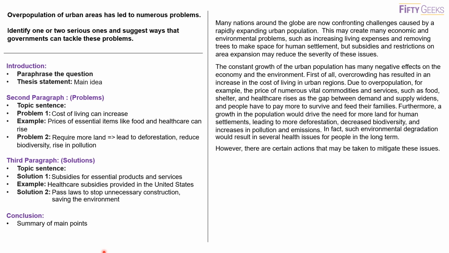I will continue writing the first solution as, firstly, the government can provide subsidies to lower the cost of essential commodities and services. Following my draft, I'm going to write the example of healthcare subsidies provided in the United States.